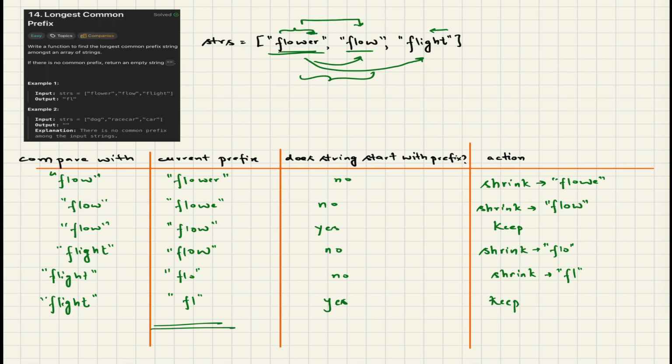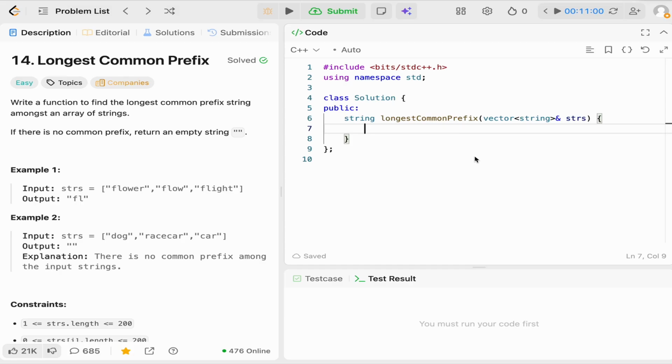Let's try coding it. So like we had discussed, if the given array is empty, we will return an empty prefix. So let's say if my strs is empty, I'm gonna return an empty string.